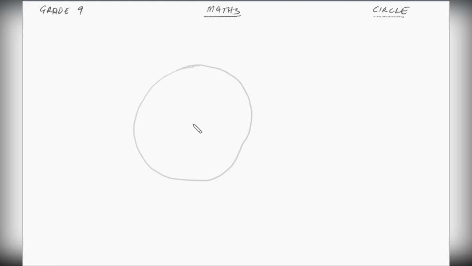Now if this is our circle, there must be a center. Okay, there must be a center. Now what we need to understand is that the distance around a circle, say you start from here, you move around along the edge or the boundary here, that distance there is called the circumference.